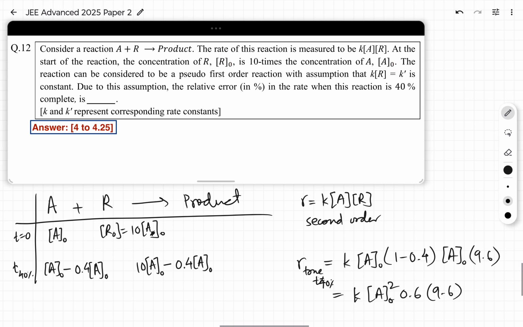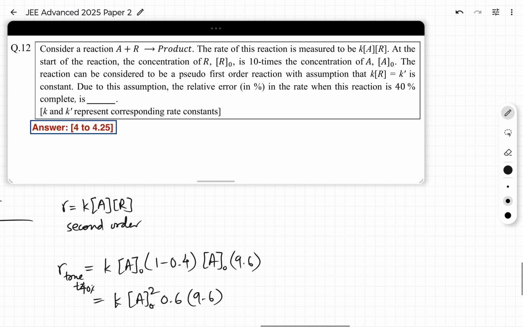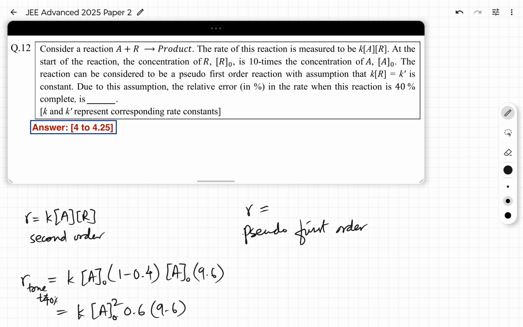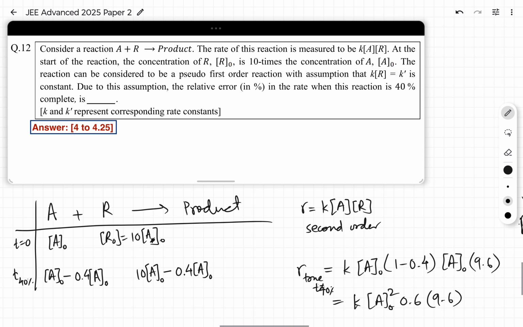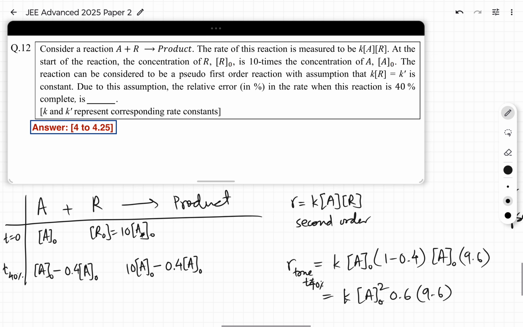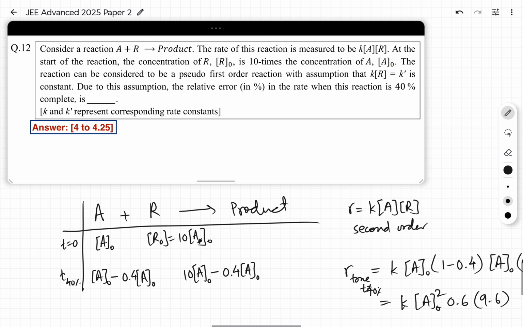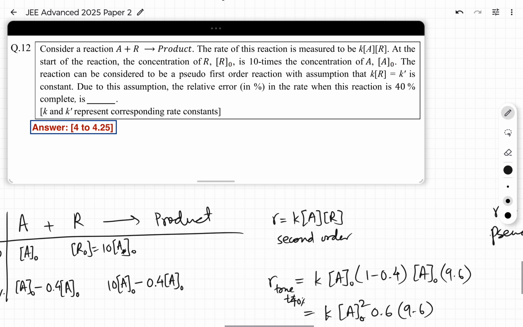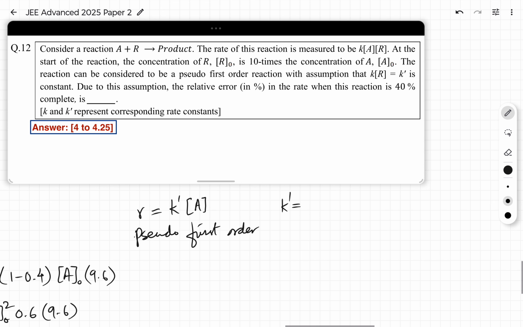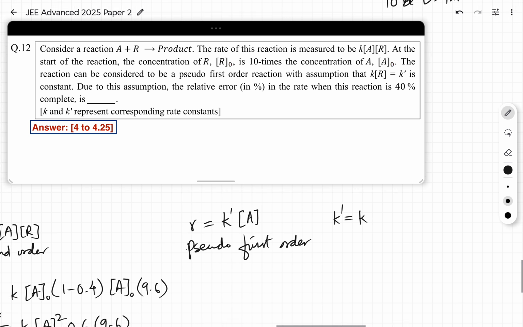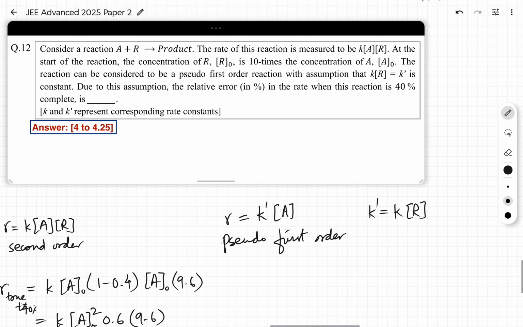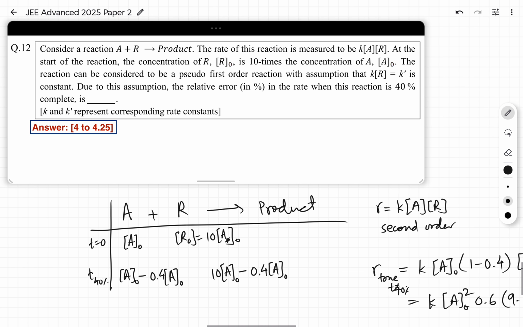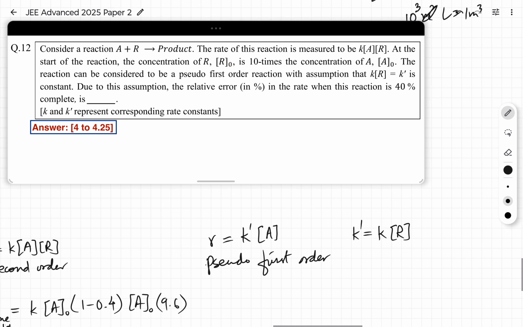Now if we assume the reaction to be pseudo first order, with the rate of the reaction depending only on the concentration of A, because concentration of R is much larger than concentration of A, and assuming the new rate constant to be constant, which is equal to the original rate constant times the concentration of R. The concentration of R that we are taking here is the initial concentration of R, which is R naught.